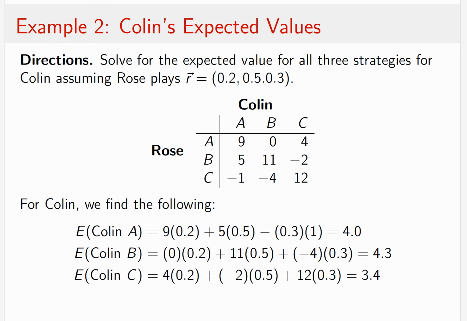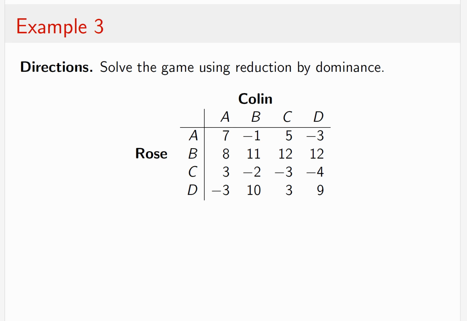Now, example 3 is interesting. Why? Because when we start reducing by dominance, it takes about 5 seconds to realize, oh my goodness, Rose has a strategy with a lot of large positive values in it. And when we start to look, we're like, oh, 8 is greater than 7, 11 is greater than -1, 12 is greater than 5, 12 is greater than -3.